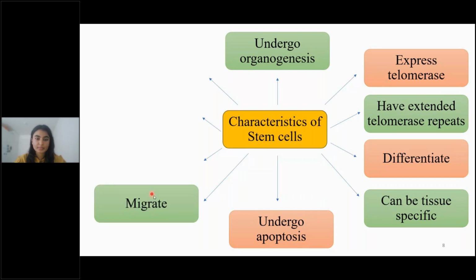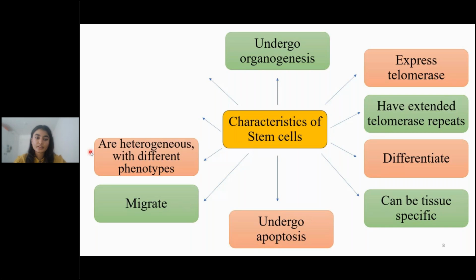Then stem cells can migrate from one place to another. They are heterogeneous with different phenotypes, right? Then they have this self renewal capability. When I say stem cells are differentiating, it doesn't mean the cell will directly differentiate. No, first it will do a self renewal, so that a certain threshold is never lessened.